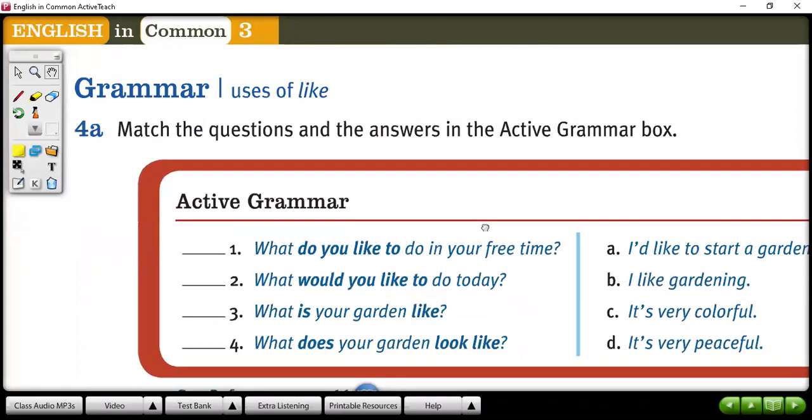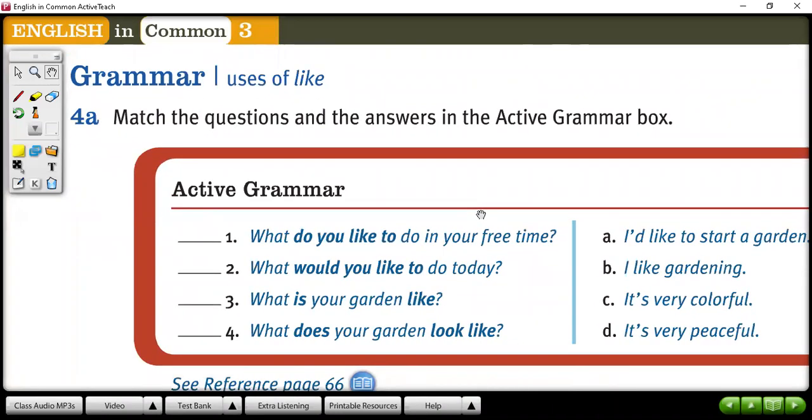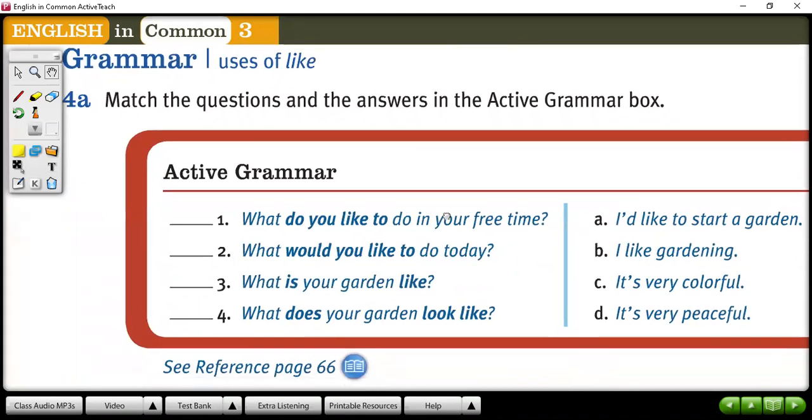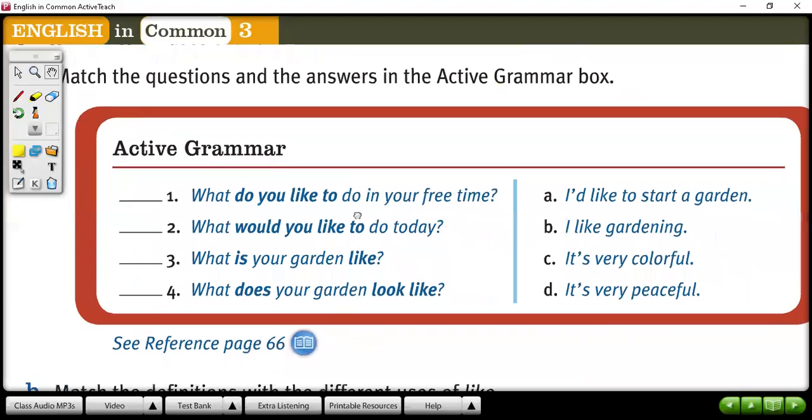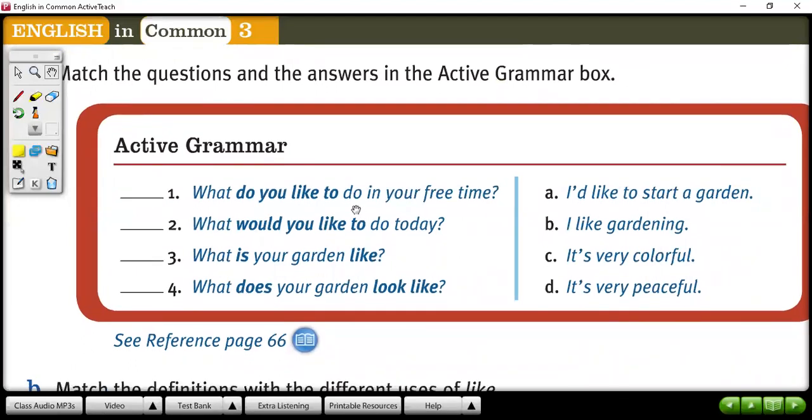Now I will explain a little bit more about the uses of like. As you did in this exercise, match the questions and the answers in the active grammar box. We already worked there.